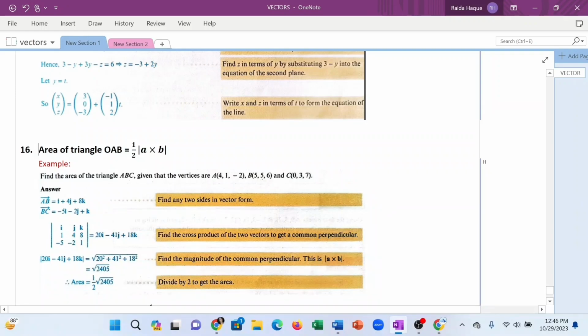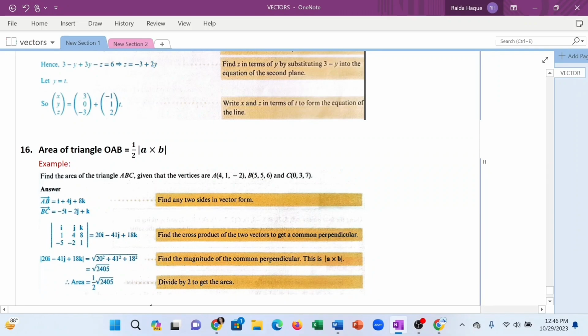So you have to find the area of the triangle ABC given that the vertices are A, B, C. You know the points. So now first you need to find the direction vector of any two of the sides. So you can find AB and AC, you can find BC, BA, you can find CB, CA, it does not matter. So they have found over here AB and BC.